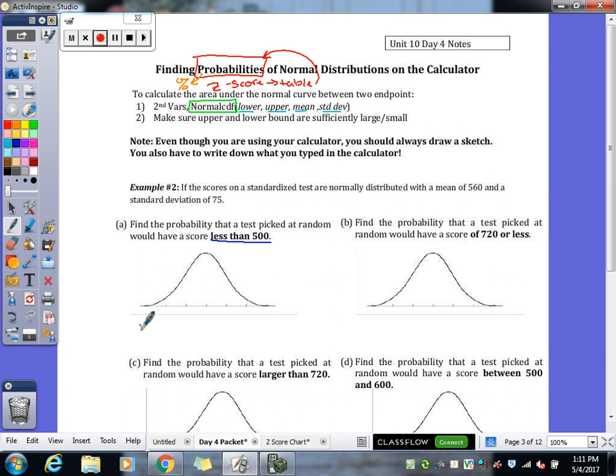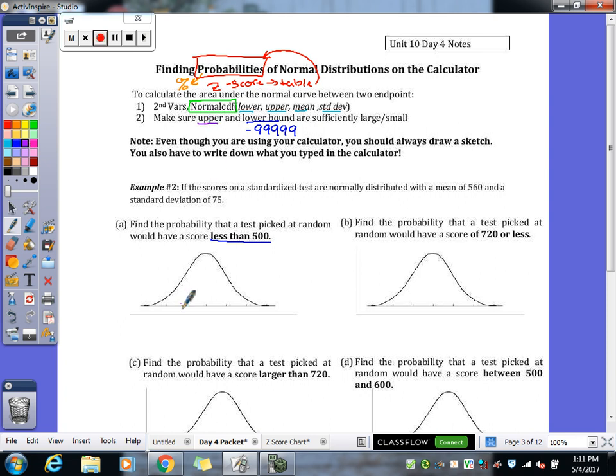However, we can't type negative infinity into our calculator. So your lower bound that we would end up using, if need be, is negative 99,999. We have found that ends up being big enough to be your lower bound since we can't use negative infinity. Same thing goes when we're dealing with our upper bound.